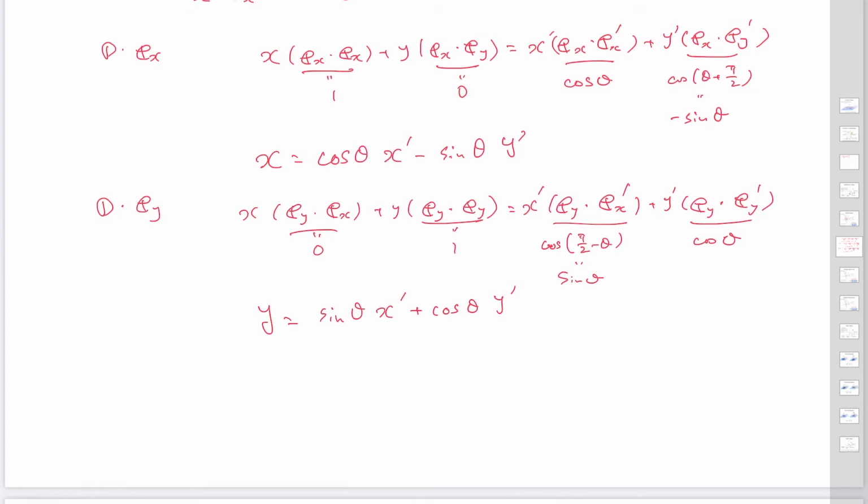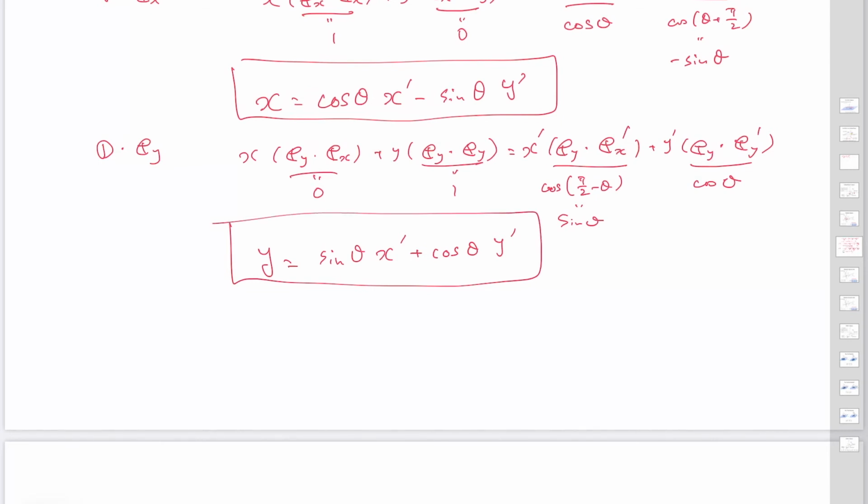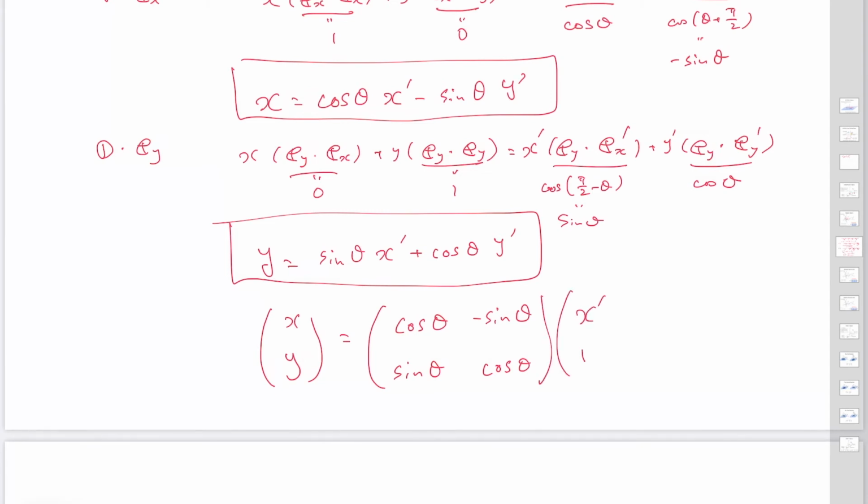So we can express these two equations with a matrix: x, y equals the matrix cosine theta, minus sine theta, sine theta, cosine theta, times x prime, y prime.